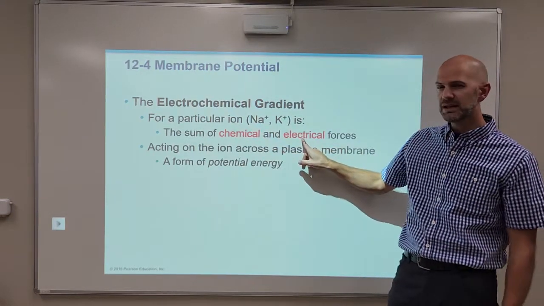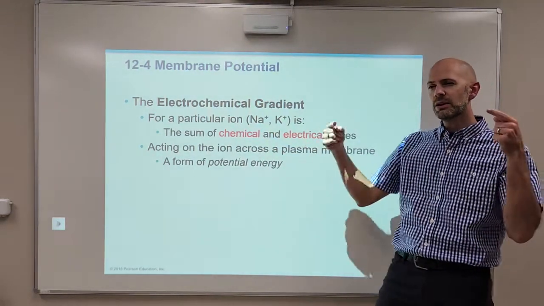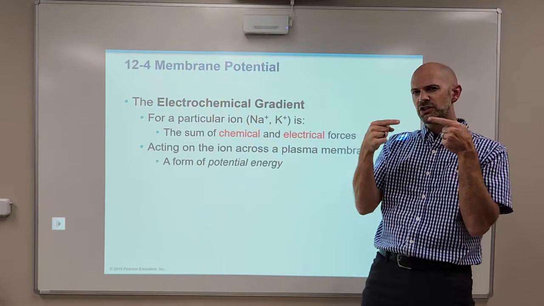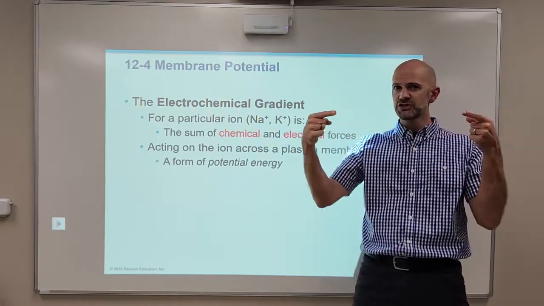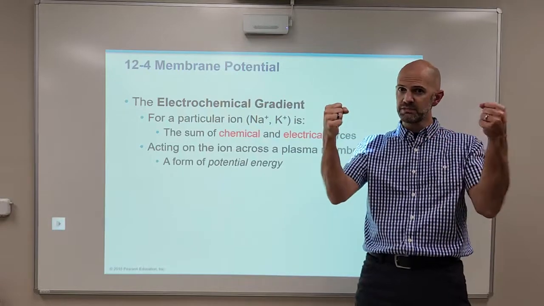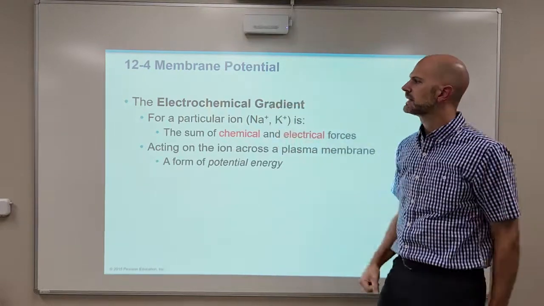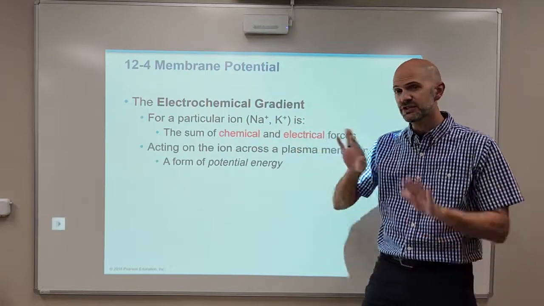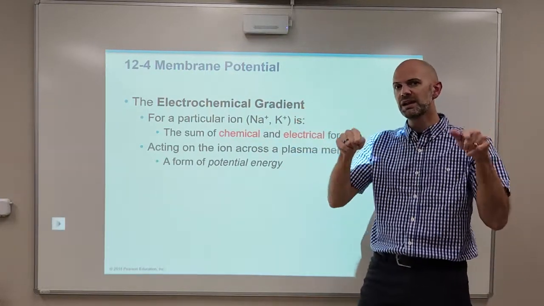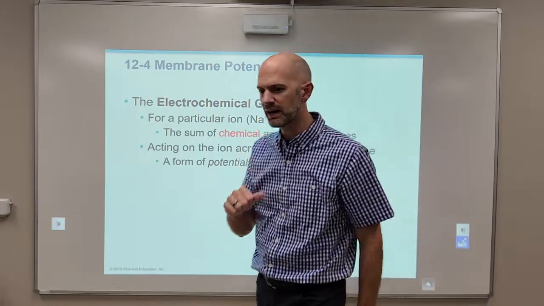The electrical gradient is the relationship of different charges, because opposite charges are attractive. Plus and minus like each other, 2 pluses repel each other. So both of these forces, they're different forces, but we can apply them both to ions.